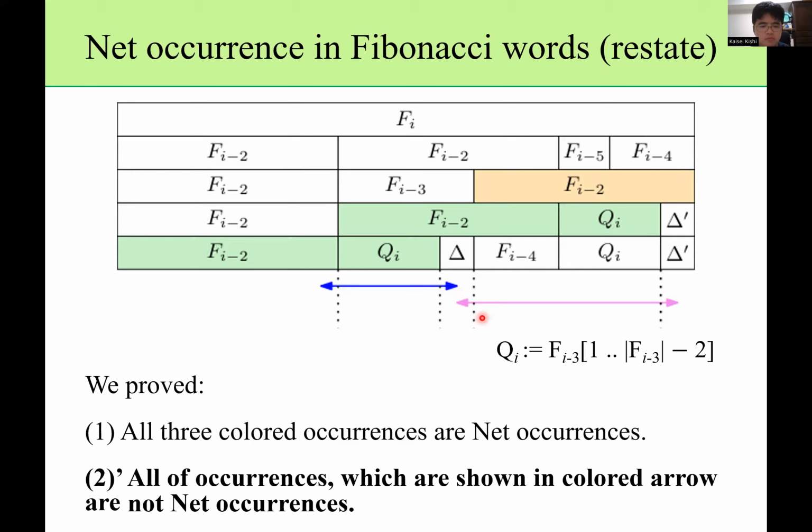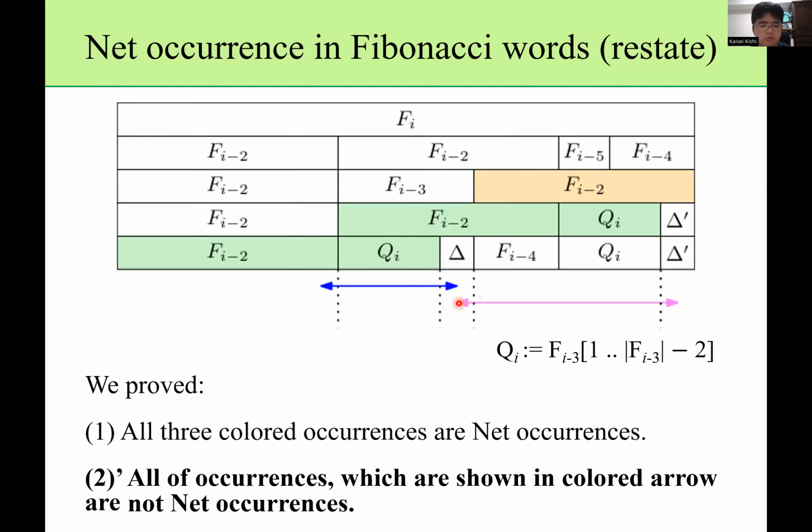For example, this pink arrow shows the occurrences of the super occurrences of Fi minus 4 Qi. So this is longer than this dotted line and longer than this dotted line.